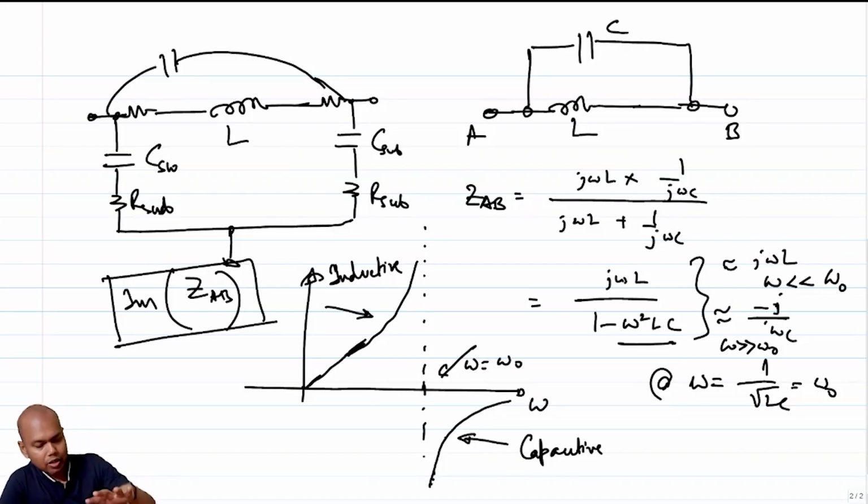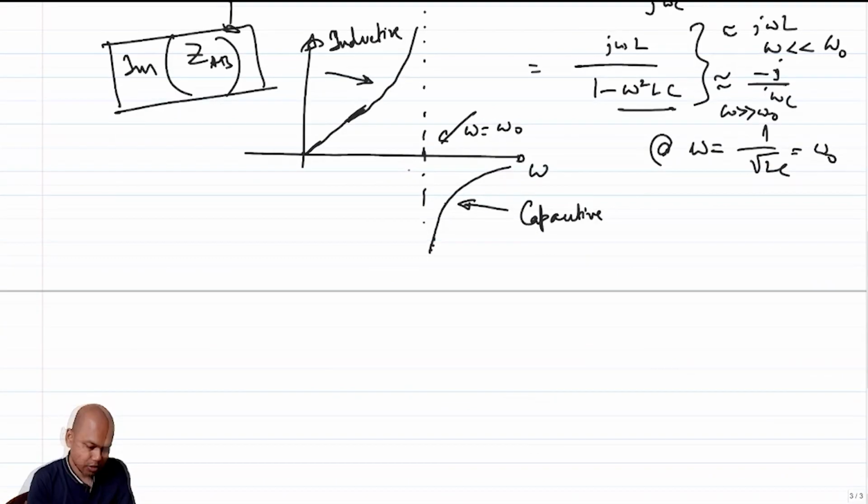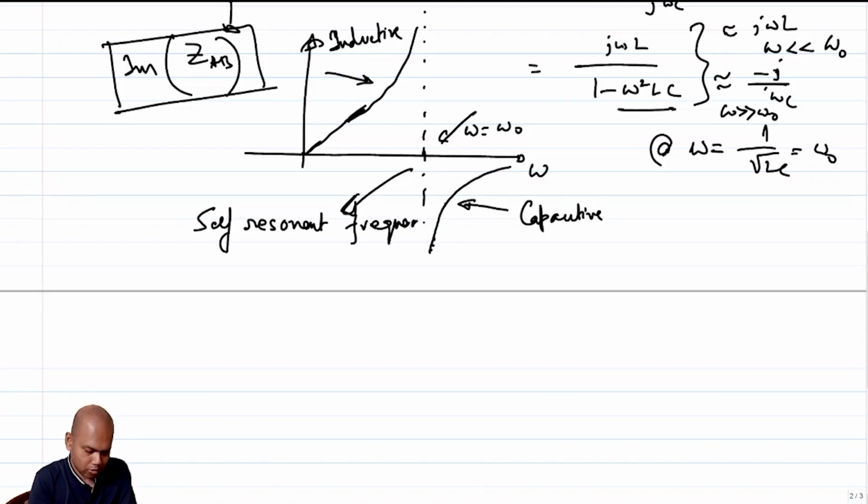Your contraption, which is supposed to be an inductor, ceases to be an inductor beyond the resonant frequency. And there is an important name for this. This frequency is often called the self-resonant frequency, or SRF.